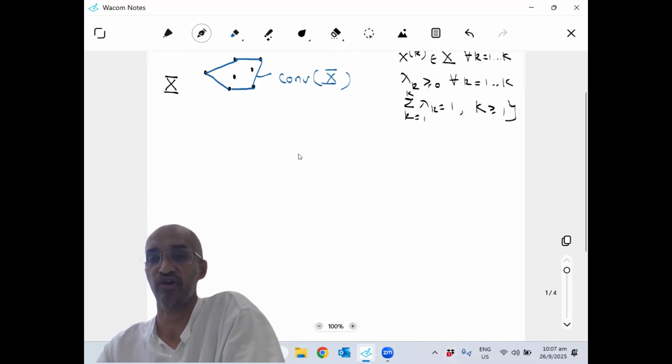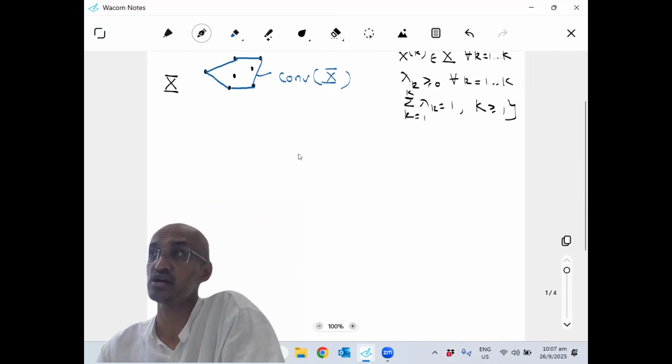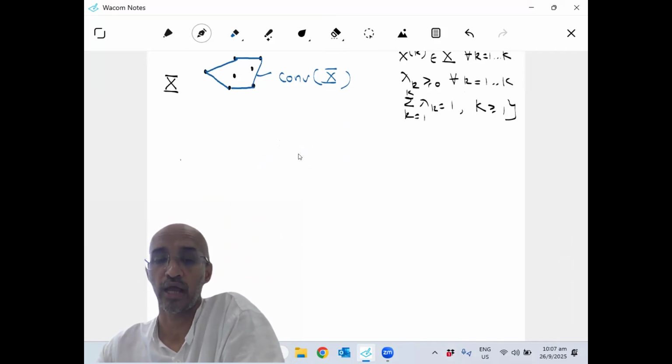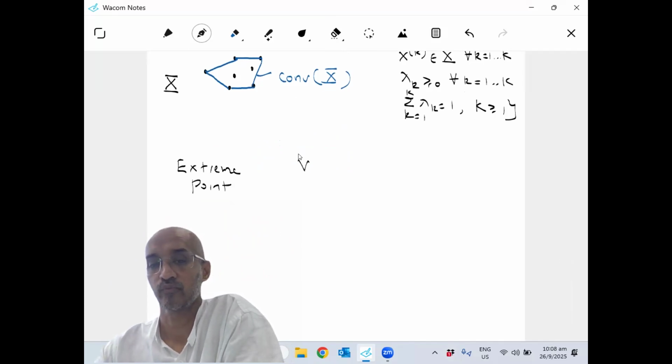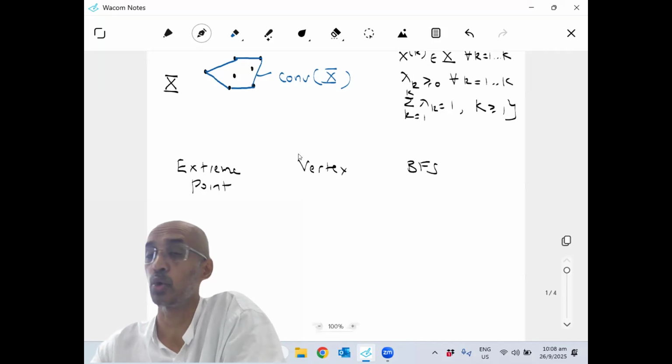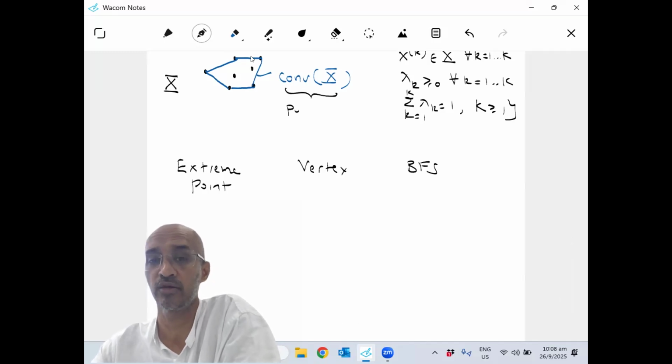So we saw the definition of the convex hull. The second definition, which I did last time, was three notions basically. I spoke about extreme points, vertices, and basic feasible solutions. We did this last time too. If you think about this convex hull of this set, in this case, this is a polyhedron.